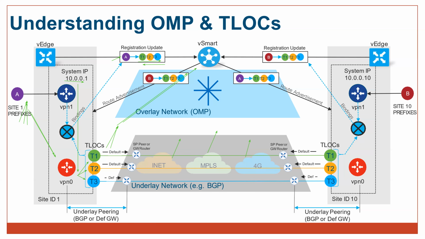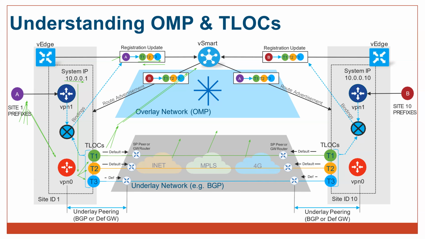Now, when vSmart receives that information, obviously it will open it and see that the prefix is A. But from where is it coming? How will vSmart come to know whether it is coming from branch 1, branch 2, or branch 3? Then it will analyze the TLOC.